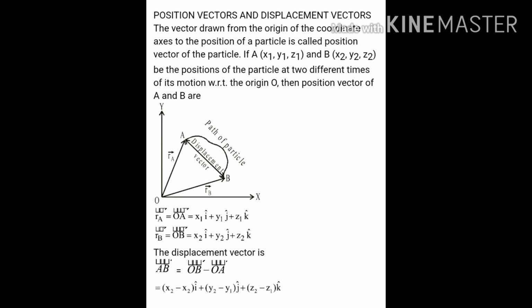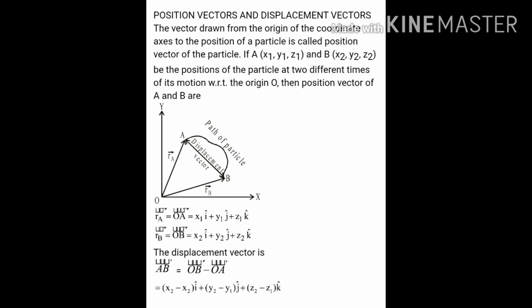By taking the help of the diagram, we can solve this and we find (x2 minus x1) i cap plus (y2 minus y1) j cap plus (z2 minus z1) k cap. So this is our position and displacement vector.